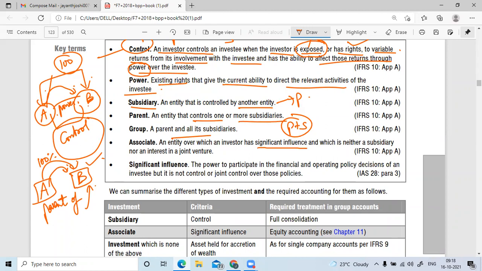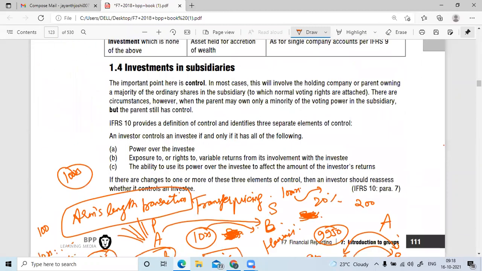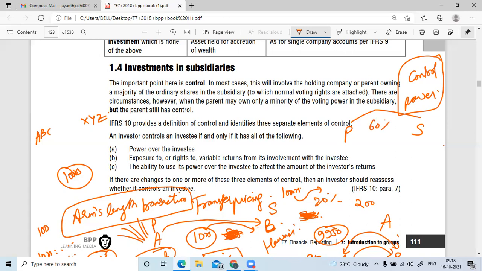In case of a group, that means in case of parent and subsidiary, the parent has control and power over the subsidiary. Let's take two companies, ABC and XYZ.